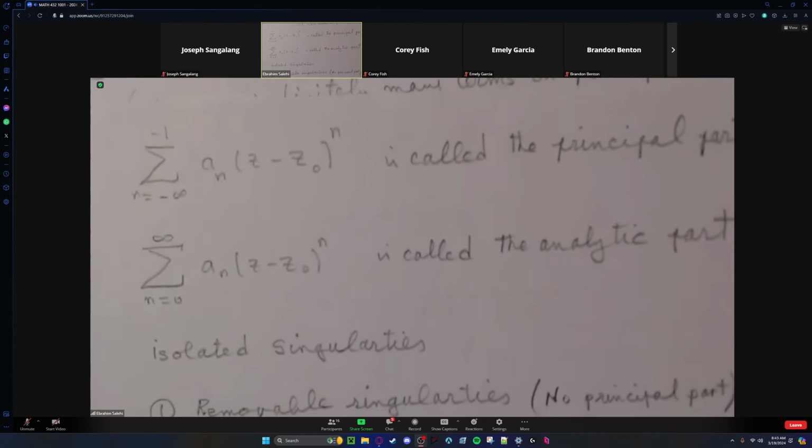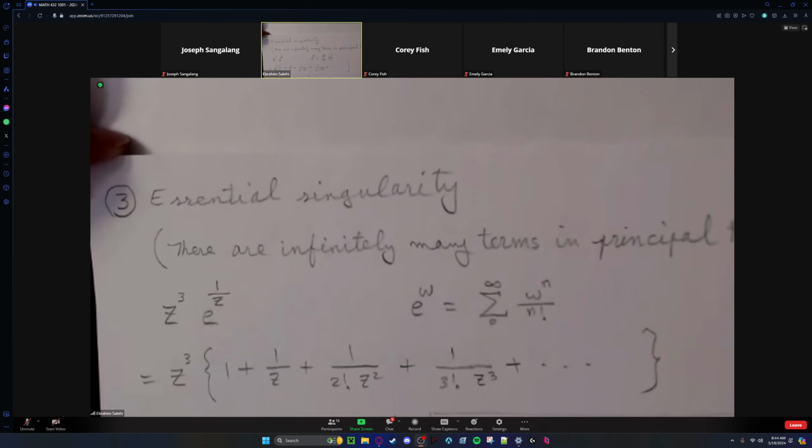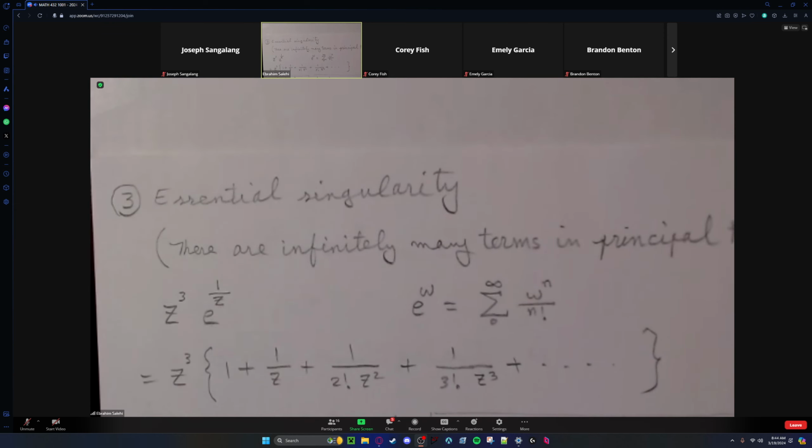So the third type of isolated singularities is what we call essential singularities. And that is when you write the Laurent series of the function, and the essential singularity is when the principal part has infinitely many terms.